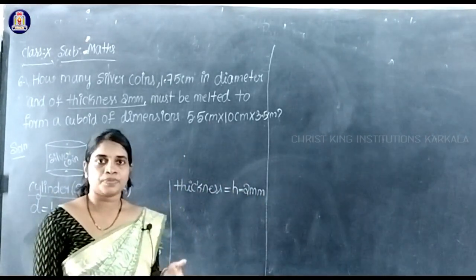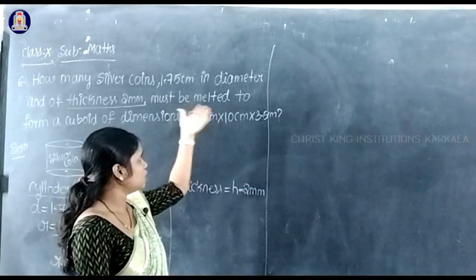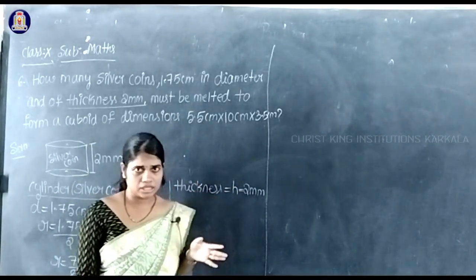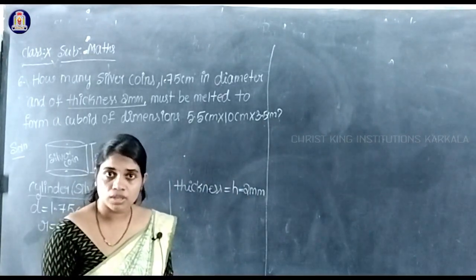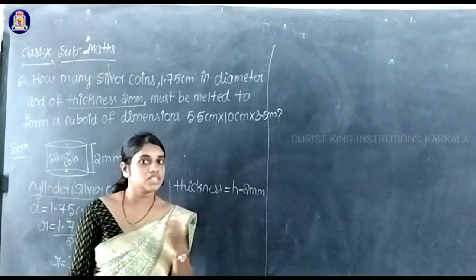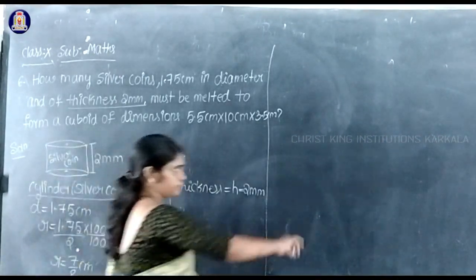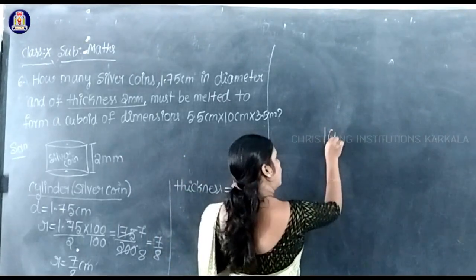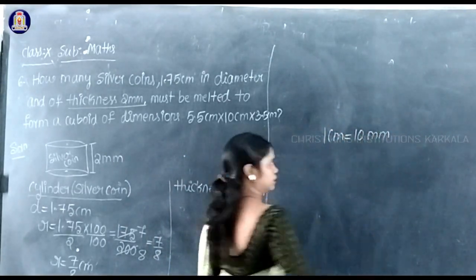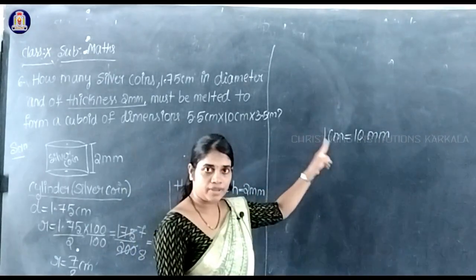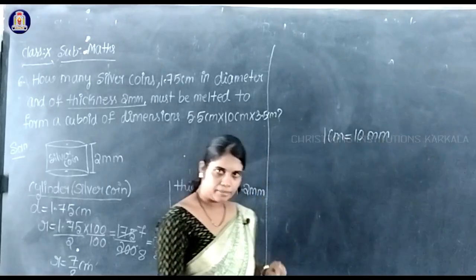So first I'll convert this millimeter to centimeter because all the remaining terms are in centimeter. What is the relationship between a centimeter and a millimeter? We know that 1 centimeter is equal to 10 millimeter. This is a very important relation. Remember, 1 centimeter is equal to 10 millimeter.